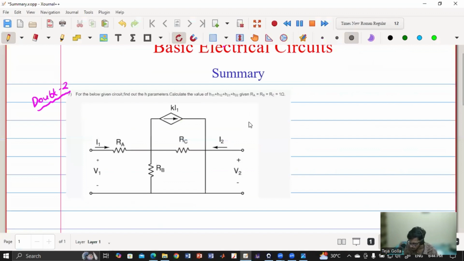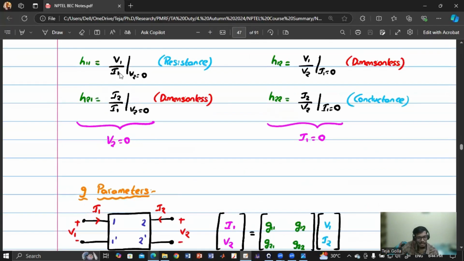I will make V2 0 by short circuiting it. So I have to short circuit it externally. Once I have short circuited, I have to calculate V1, I1 and I2. Then I will do V1 by I1 and I2 by I1, and I'll get H11 and H21. So this is the first step.